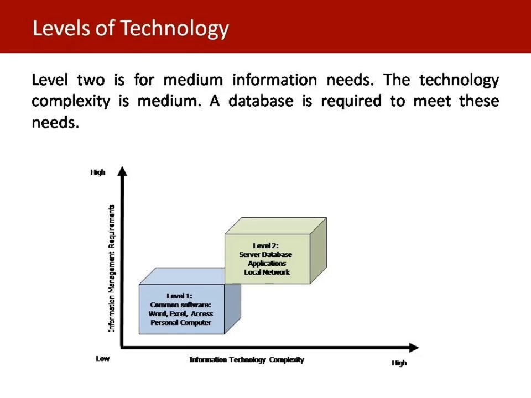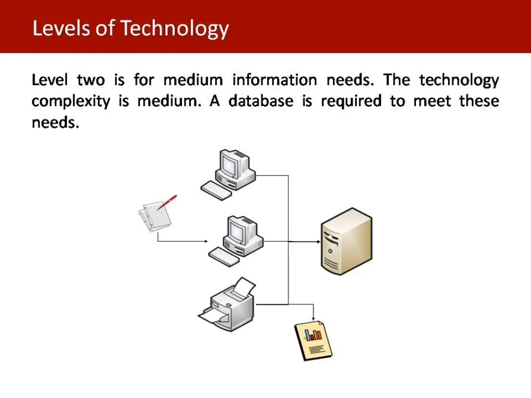When we have medium level requirements, that will result in a medium level of complexity. This is level 2, and in this case we might need a little bit more technology, where we might still have people entering some data manually and then putting that into the system, or people already in the system creating all the information.